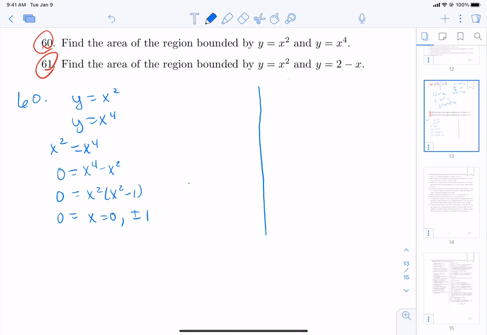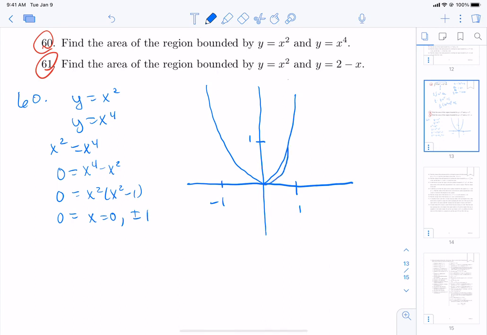If you were to graph them, and I know this isn't going to be the greatest picture, but x squared looks like this. X to the 4th almost looks exactly like it, but it's actually a little bit lower, and then it gets higher.